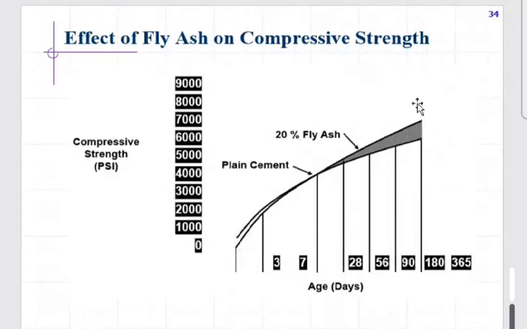But after 90 days, fly ash concrete has more strength and the normal concrete has lesser strength. As I told you, fly ash gains strength at the later ages, not at 28 days. If you want to make a concrete with fly ash, you need to monitor it at about 3 months. Are we clear?